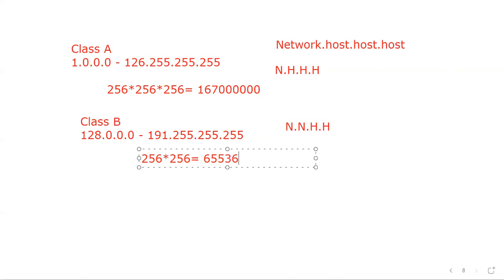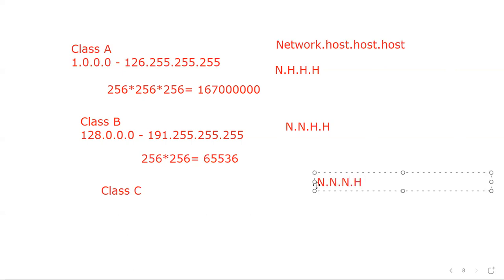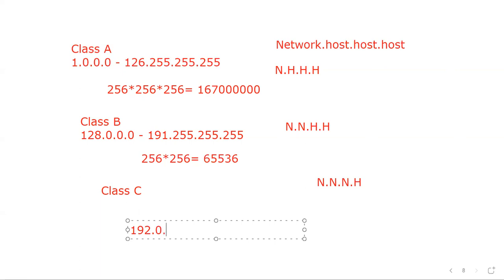This much IP we can assign with class B. Then there is class C, in which one host octet is given and three are fixed for network, written as n.n.n.h. This IP starts with 192.0.0.0 to 223.255.255.255, right?